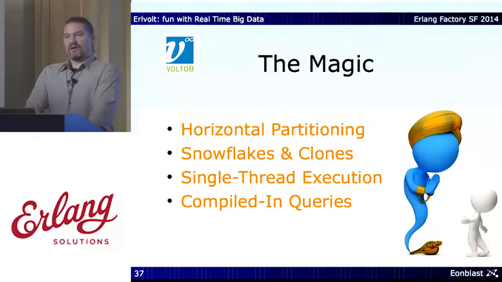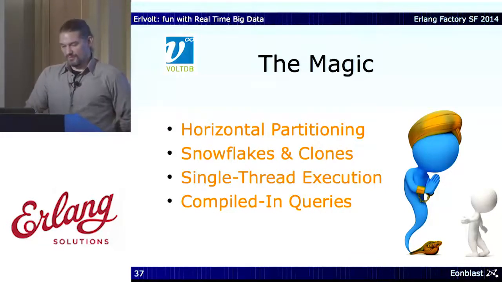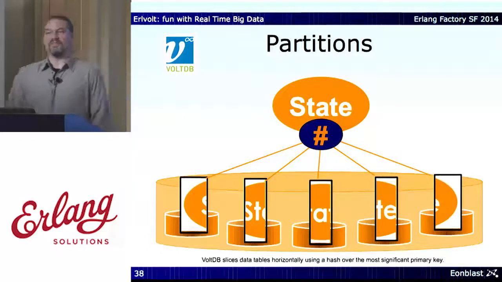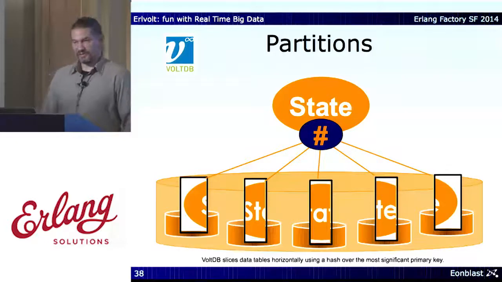What is really going on? How can VoltDB do this? What I'm just introducing here as features, looking at four different main architectural decisions they made. First of all, as I said, VoltDB is horizontally partitioning the data.